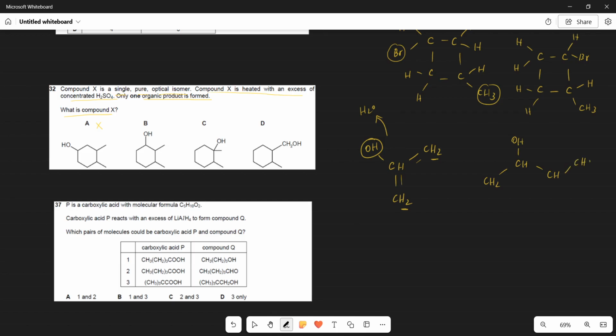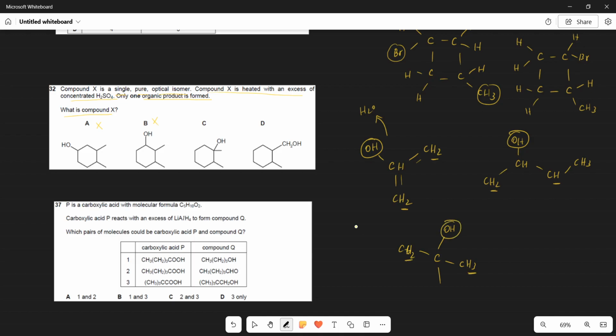Then when I go for B, again I am having CHOH. I have CH2 here. I have CH3 here. Again this OH and the beta hydrogen, so again I may get two different products. So choice B is also wrong. Choice C, I have carbon, I have OH, I have CH2 here, and I have CH3 here.